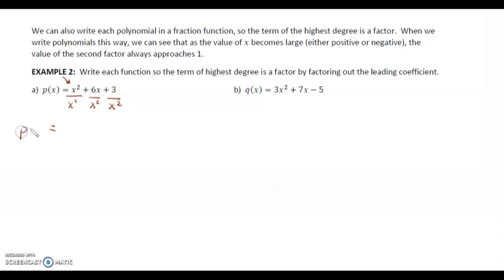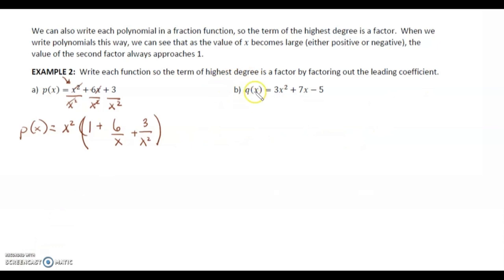So p of x is equivalent to factoring out the x squared: x squared divided by x squared is just 1. 6x divided by x squared, the x and the squared on the x in the denominator go away, and we get 6 over x. And then 3 over x squared. That's it. This is going to be the foundation for us finding horizontal asymptotes.